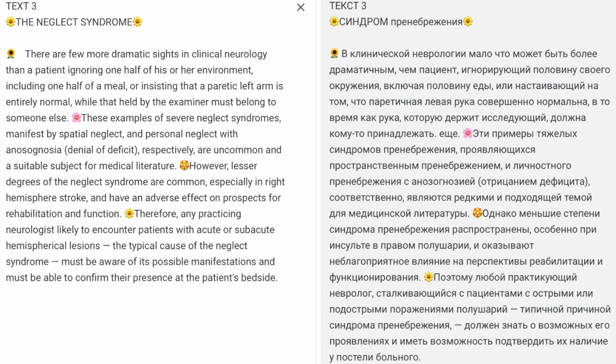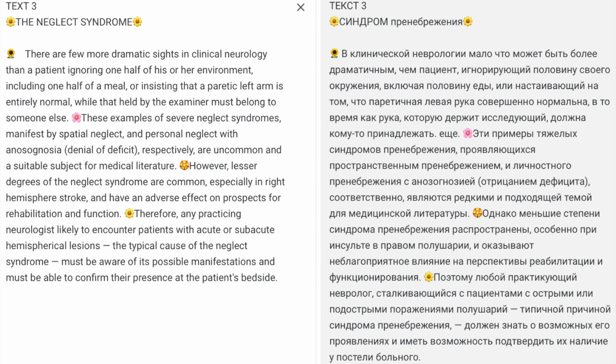These examples of severe neglect syndromes, manifest by spatial neglect and personal neglect with anosognosia, denial of deficit, respectively, are uncommon and a suitable subject for medical literature. However, lesser degrees of the neglect syndrome are common, especially in right hemisphere stroke, and have an adverse effect on prospects for rehabilitation and function.